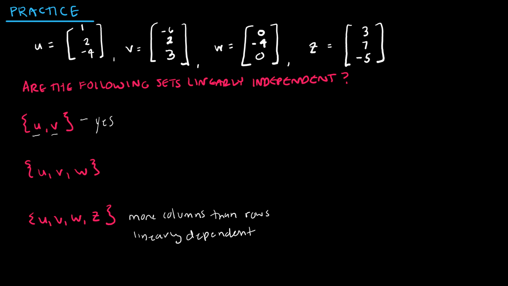So if we look at u, v, w, z, we know that there are 3 entries in each vector. So I would end up with a 3 by 4 matrix, 3 rows, 4 columns. And obviously that's more columns than rows. So this one is linearly dependent. So the answer is, of course, no, they're not linearly independent.